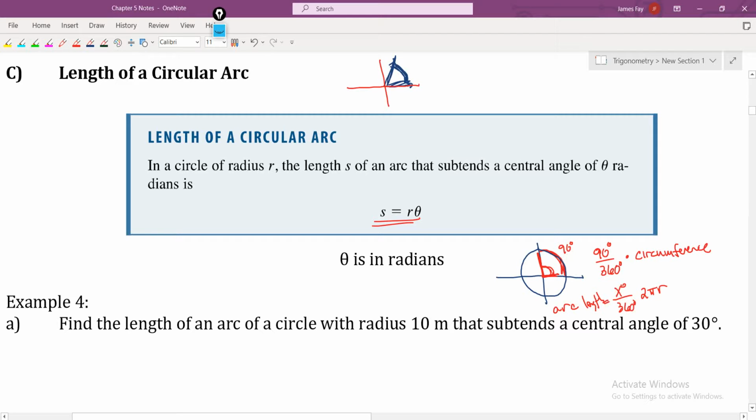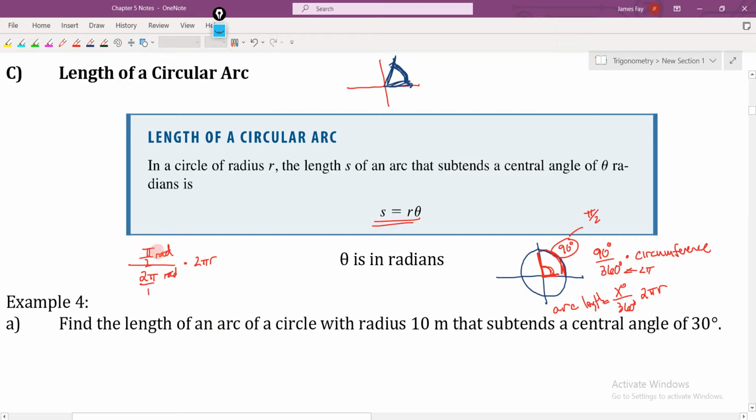So if we're doing this in radians, we talked earlier that 90 degrees in radians was pi over 2 radians. And 360 is 2 pi. So let's say pi over 2 radians divided by 2 pi radians, so the radians cancel, and then multiply that by the circumference 2 pi r.